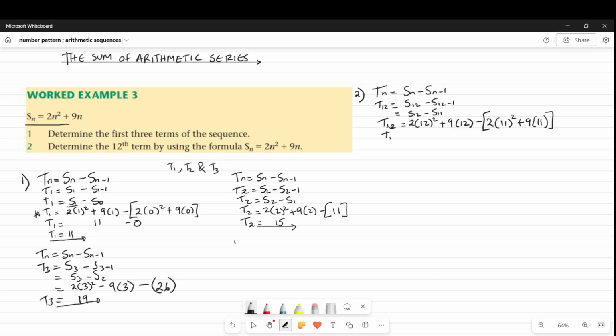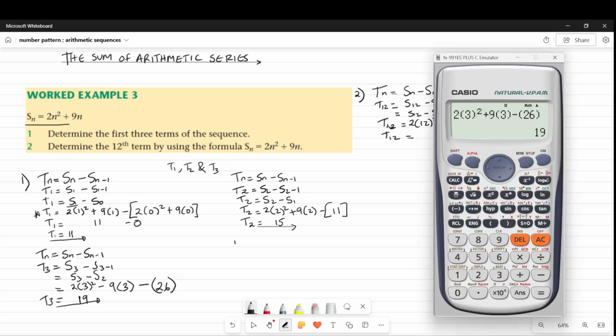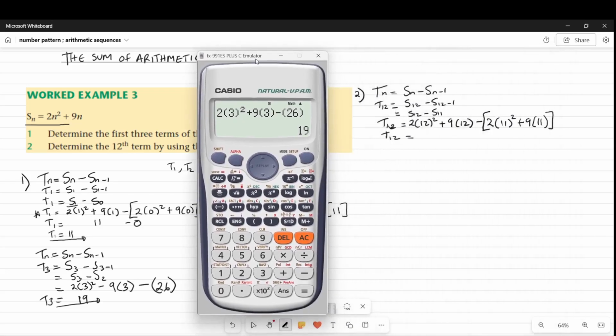Now you pick up your calculator and calculate. You're going to say 2(12) squared plus 9(12), minus, opening two brackets actually, 2(11) squared, plus 9(11), and close both brackets.